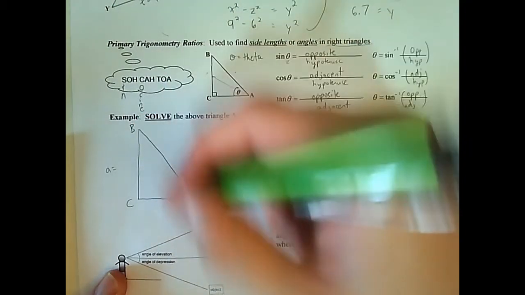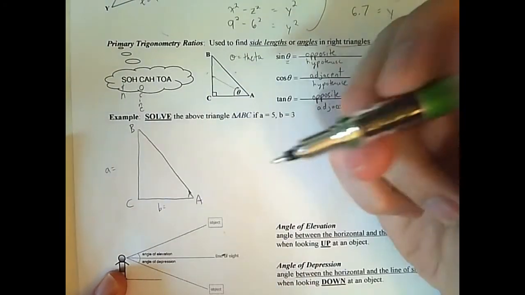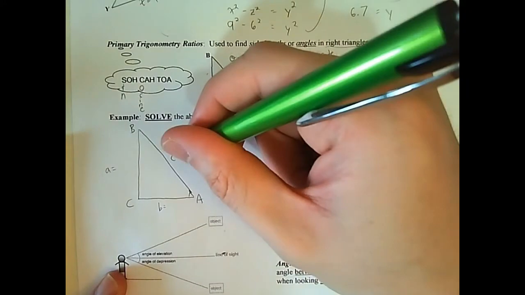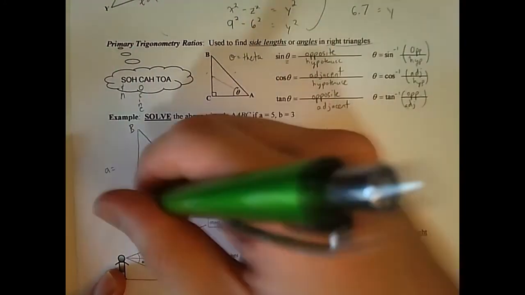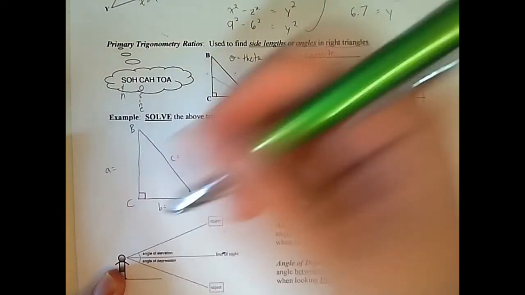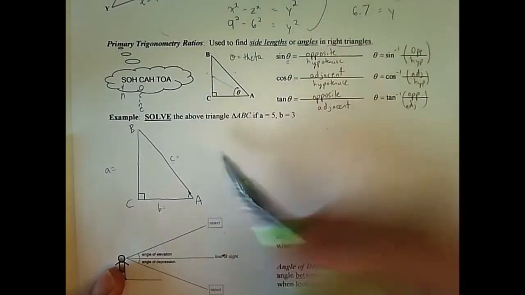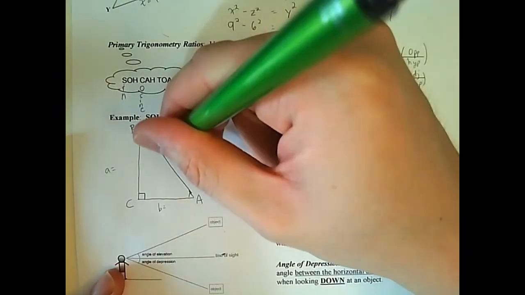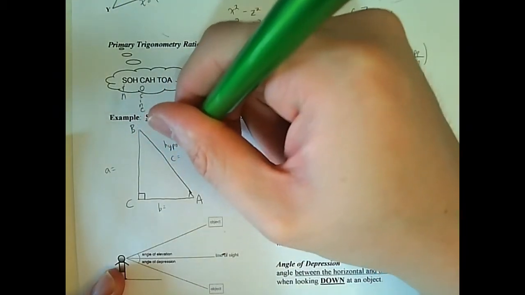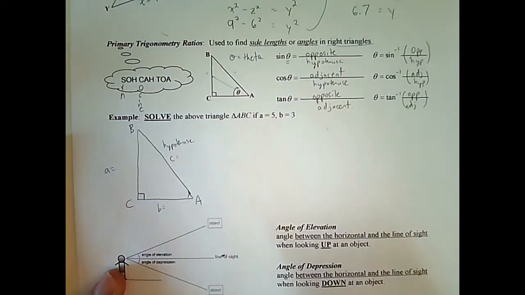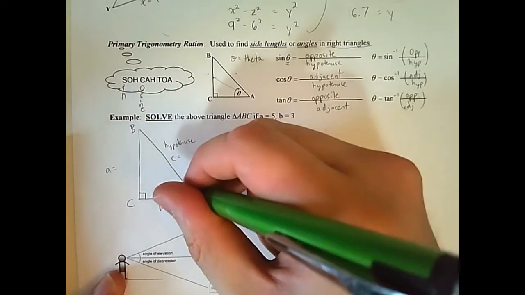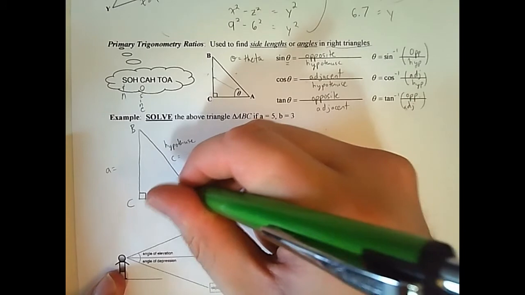Side B would be opposite of angle B, and side C would be opposite of angle C. And we have angle C being a 90-degree angle. So just from this, we already know that this should be the hypotenuse, because it's the longest side and it's opposite the 90-degree angle.